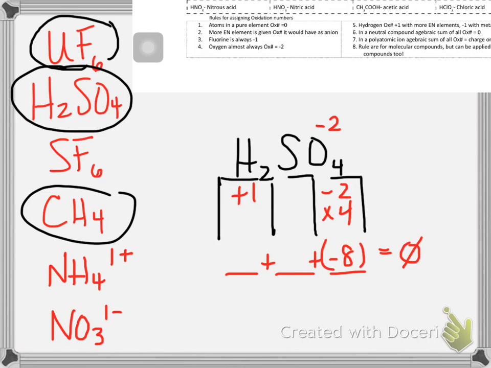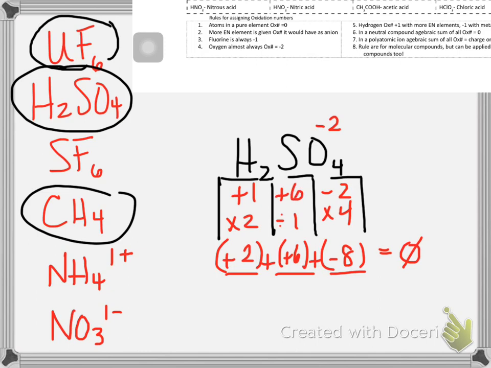So, I have a +1 oxidation state on hydrogen times 2, which gives us a +2 here. Now, I could solve algebraically, but I think you can probably see that sulfur has to have a +6 oxidation state in total. So let's divide that by the number of sulfurs we have, which is 1. So that sulfur atom has a +6.